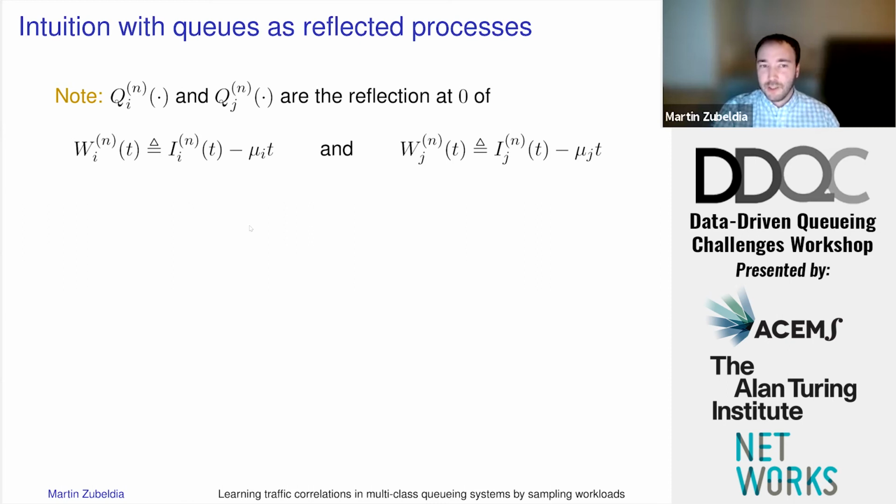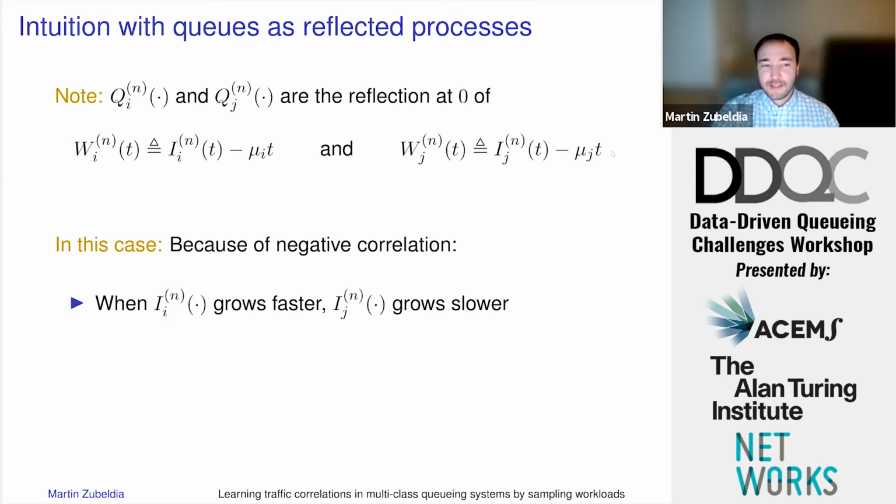So essentially, what you take is this workload process and you just add another process that makes sure that it remains positive or 0, so non-negative. Now, when we look at the Qs like this, and in this case, because we have negative correlation, we know that if one of the input processes grows faster than usual, then the other one will, or at least is most likely to, grow slower than usual.